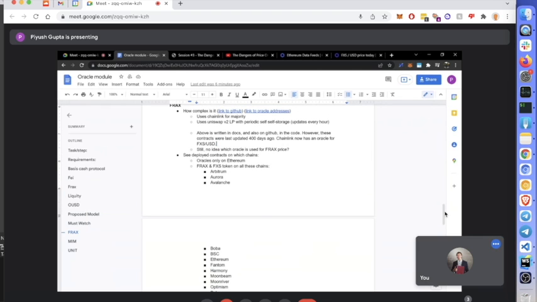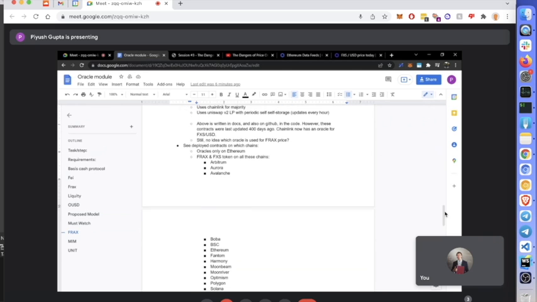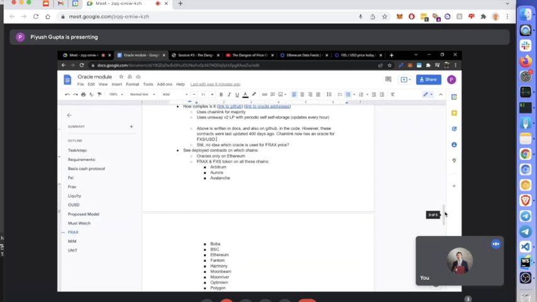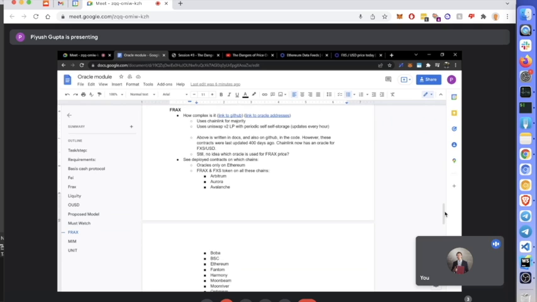So is it correct to say that Frax uses Chainlink and a fallback of a Uniswap LP? Yes. But the problem is you cannot use just Uniswap directly unless you update it periodically. Exactly. Yes. We cannot trust the spot prices on any DEX for that matter. Okay.